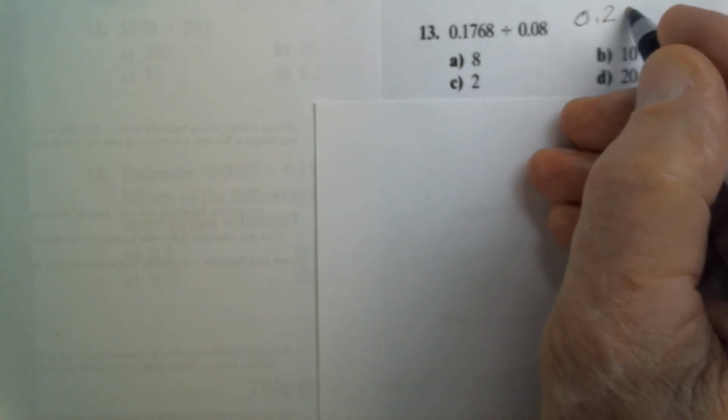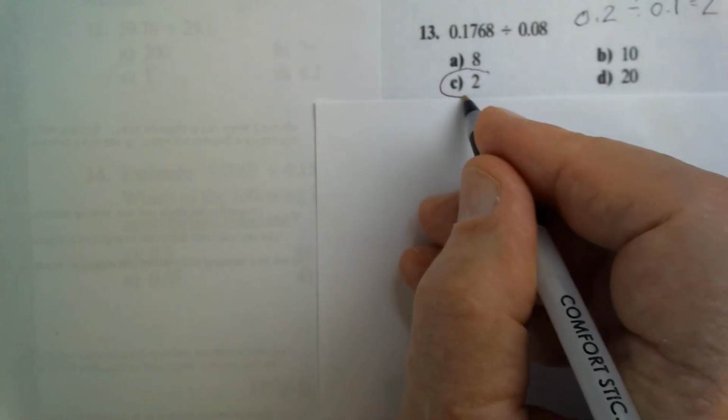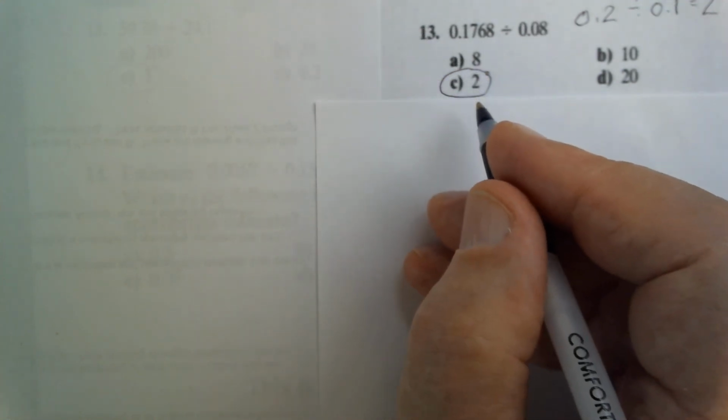In number 13, we round 0.1768 to 0.2, and we round 0.08 to 0.1, and that's equal to 2. Therefore, C is the appropriate estimate.